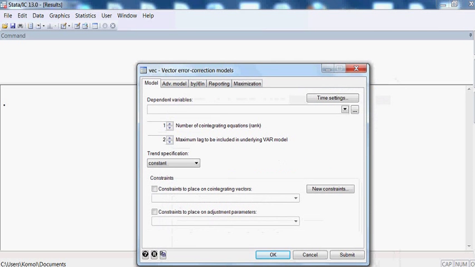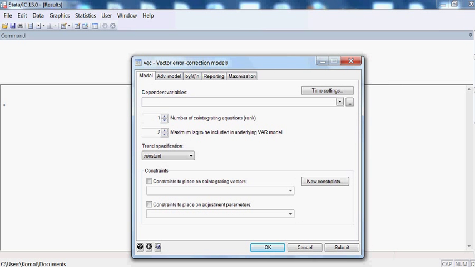Okay, and here we have one co-integrating equation that we have seen already, and maximum lag I put 3, because lag selection criteria has advised me to take maximum lag 3.